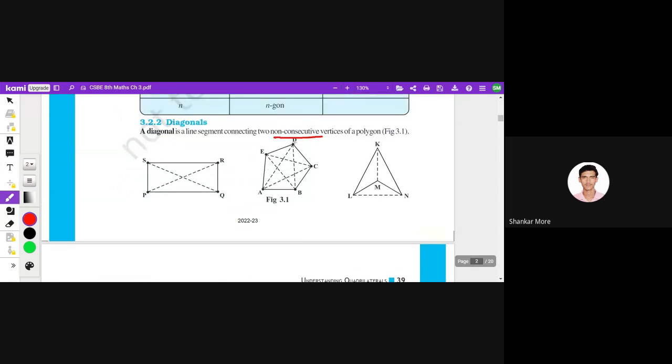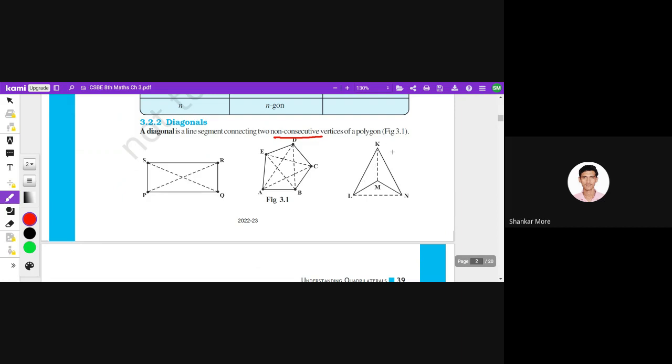If you see this pentagon, you can see there are DA, AC, EB, EC, and DB. Actually, there are one, two, three, four, five diagonals, right? Now, if you see this, this is not a triangle, students.